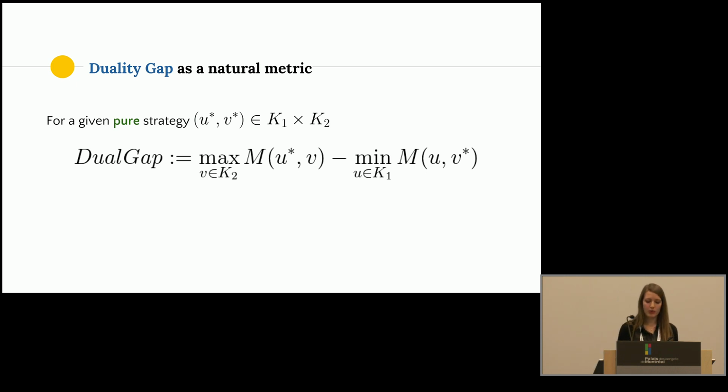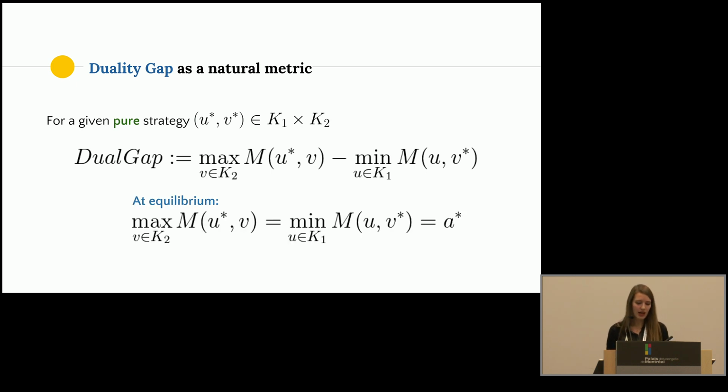It evaluates a pure strategy, U star, V star, and it's defined by the term that maximizes over V's when U is fixed, and from this subtract the minimization over U's when V is fixed. What is interesting here is that when we are at the solution or the equilibrium, min-max and max-min are equal, and they have some equilibrium value.